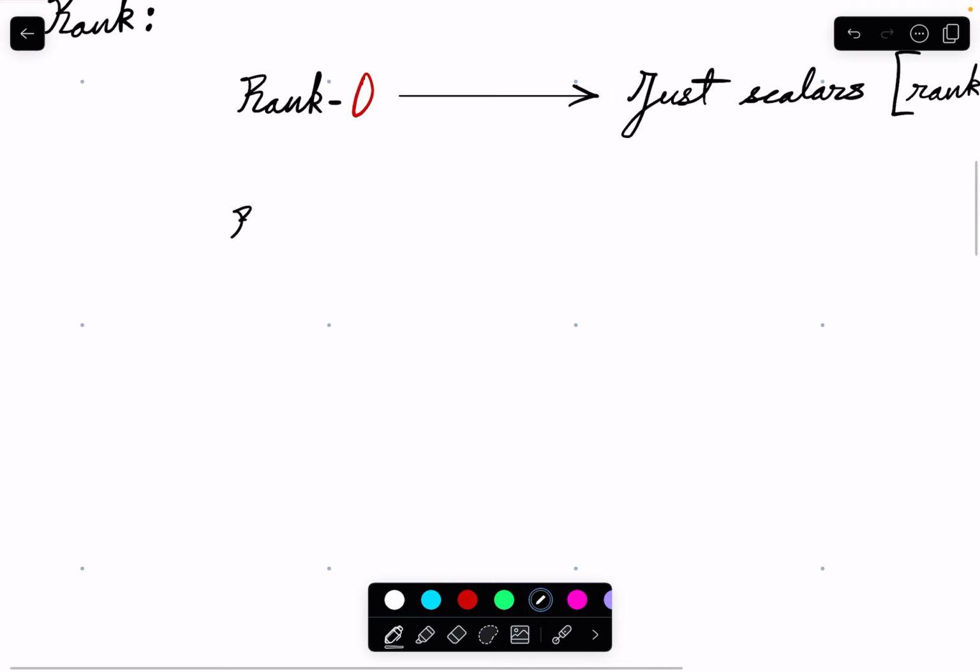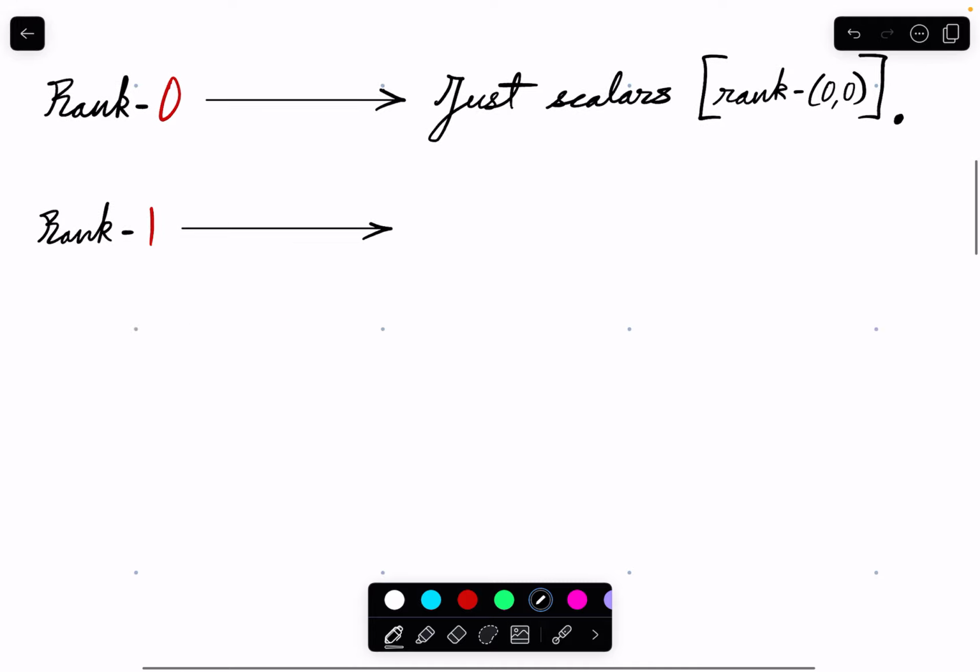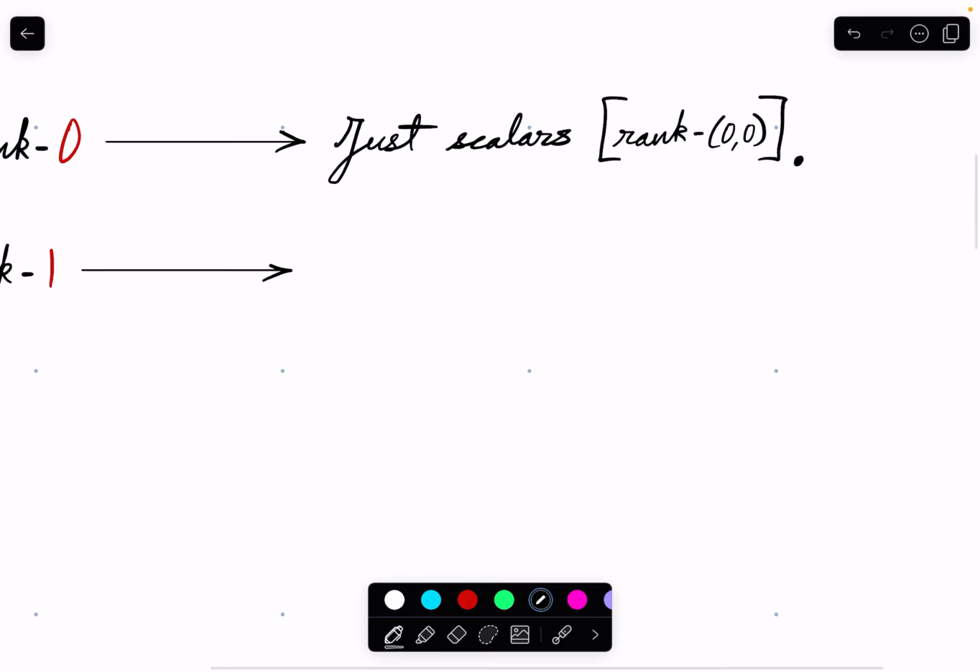There are also rank 1 tensors. And these are contravariant or covariant vectors.